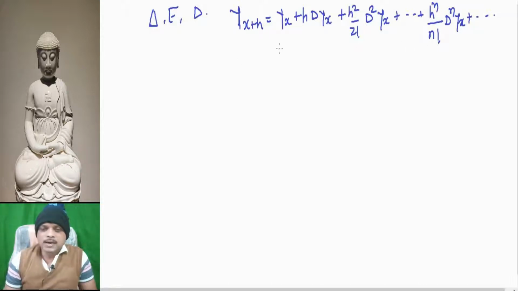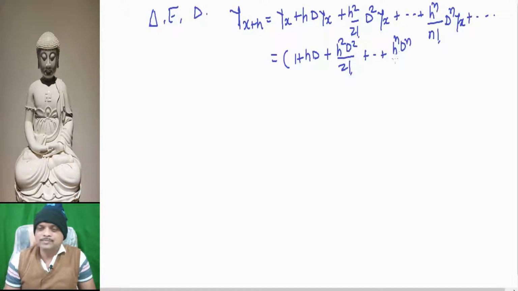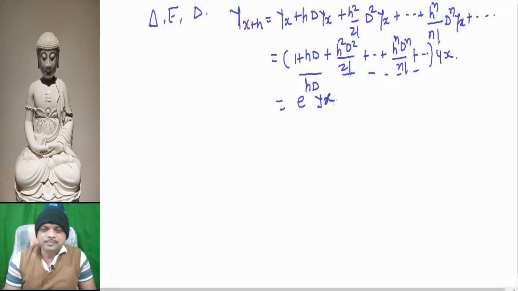Now, we can write it as 1 plus hD plus h square D square divided by 2 factorial, plus h raised to n D raised to n divided by n factorial, and so on, all operating on y(x). But this is nothing but the expansion of the exponential series, that is e raised to hD operating on y(x).